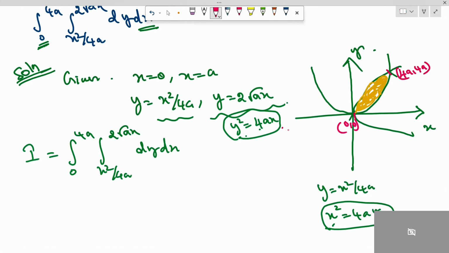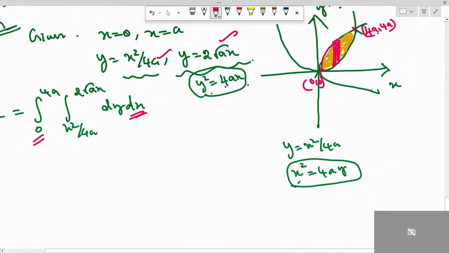If we solve these two equations, we will get the required intersect points. Okay, here 0, 0, this one is 4a, 4a, and then draw the given strip direction according to the given limits. Outer limit is x limit here, which means the strip direction is perpendicular to x axis. Given strip direction is perpendicular to x axis.